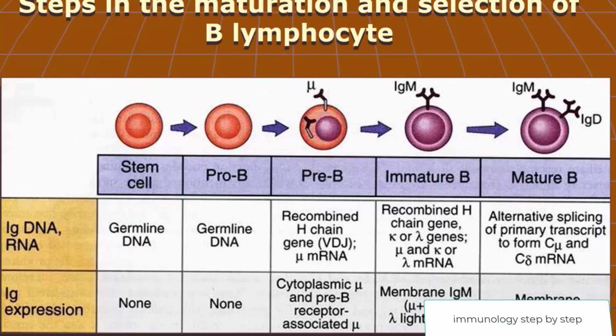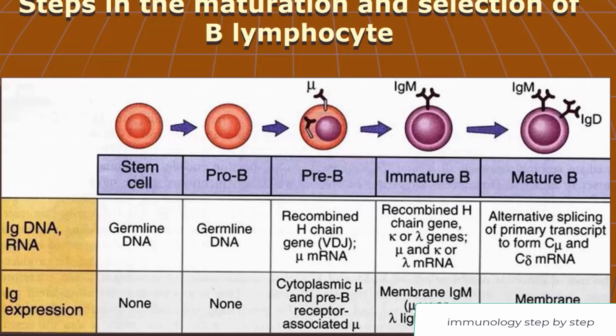Steps in maturation and selection of B lymphocytes. Ig DNA, RNA; stem cells, pro-B, mature B; the germline DNA, stem cells none.